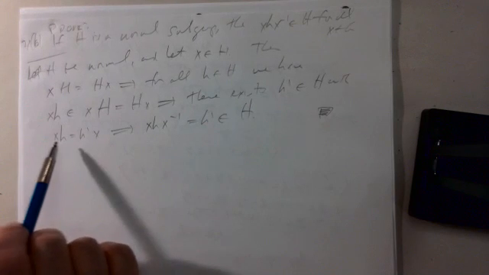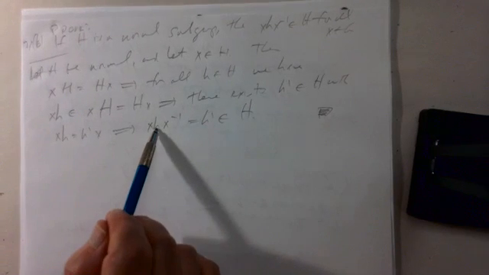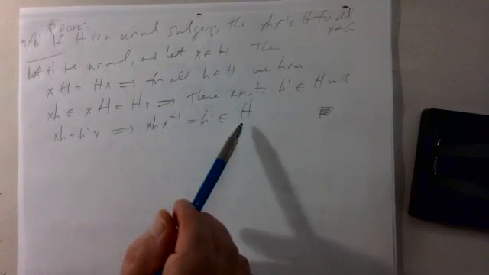If you take an element in the subgroup H and an element x in the group, xhx inverse belongs to the subgroup. That is the little proof of that fact.